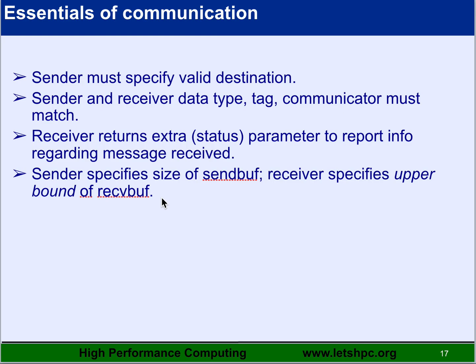Okay, so the upper bound. That's the important point. If it is less, then there can be errors actually, and we have to be very careful about that. So this is basically the upper bound. So you cannot receive a message which is more than this upper bound.